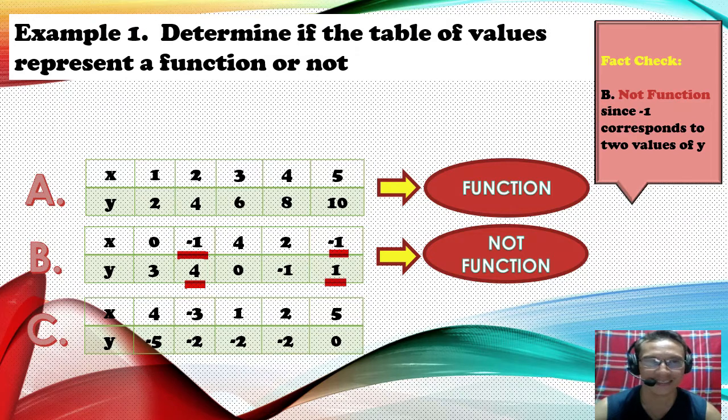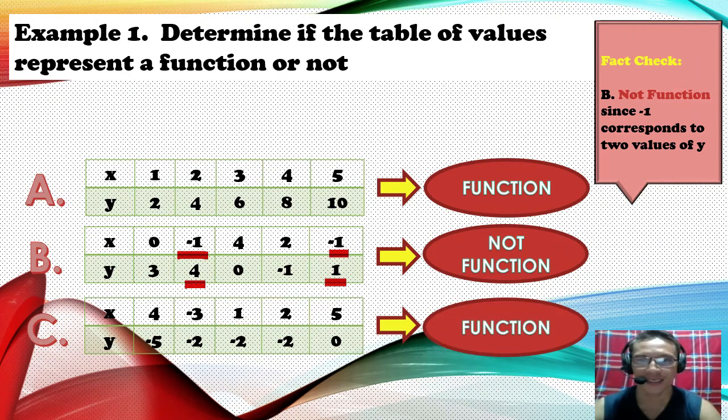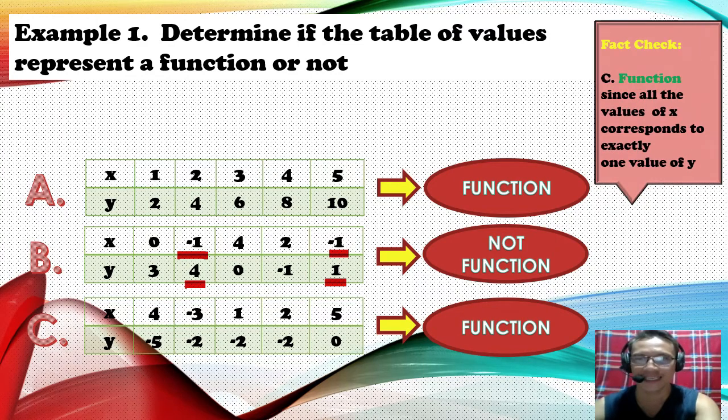So in this case, there is no element in x that corresponds to more than one value of y. So therefore, this table of values represents a function, since all the values of x correspond to exactly one value of y.